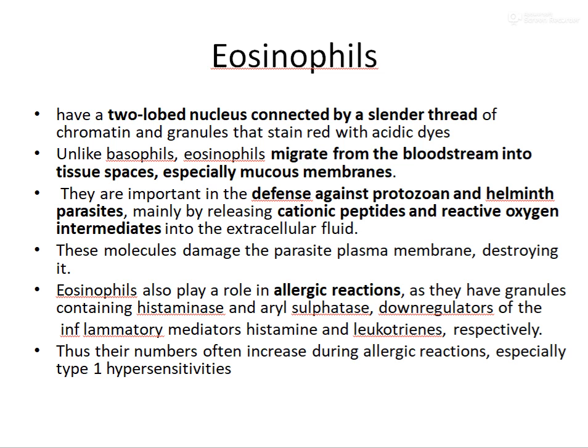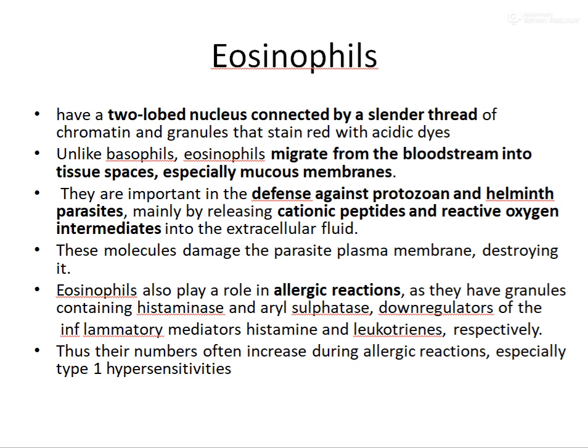Coming to the eosinophils, they have a two-lobed nucleus connected by a slender thread of chromatin, and granules which stain red with acidic dyes. And unlike the basophils, the eosinophils will migrate from the bloodstream into the tissue spaces, especially the mucous membranes.